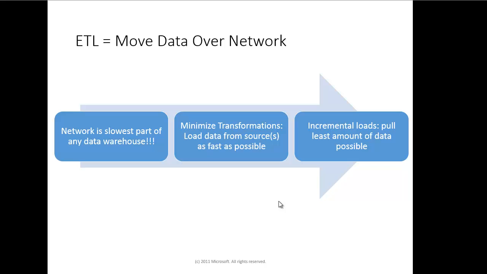So one of the most important things to keep in mind when you're thinking about an ETL process for a data warehouse is that extracting from the source is going to be the slowest part of the overall data warehouse solution. Well, why is that? It's very simple. The ETL represents the slowest movement of data in the entire process.